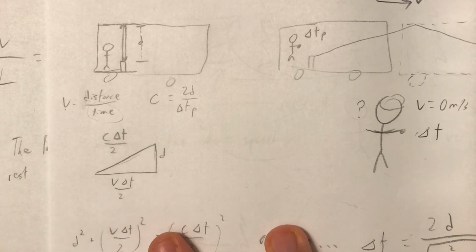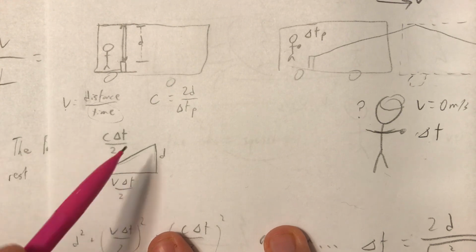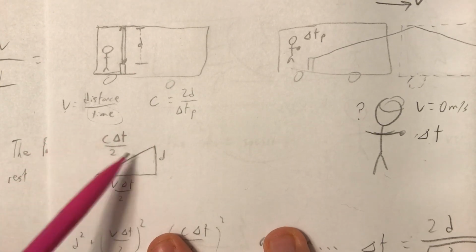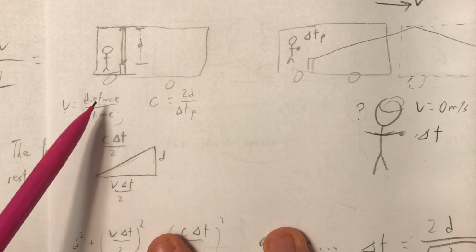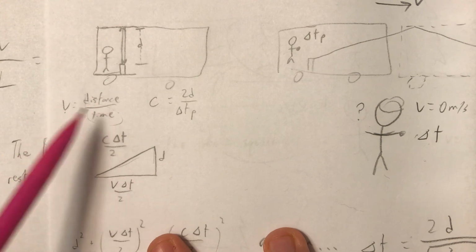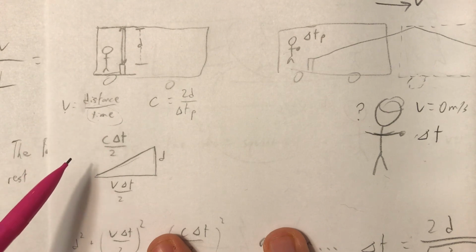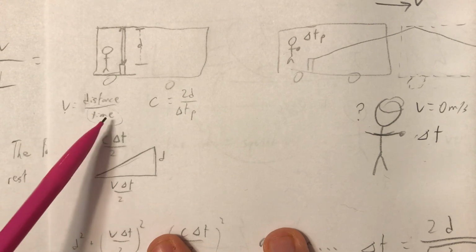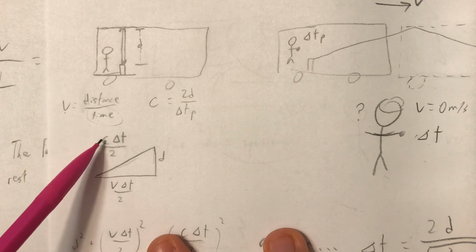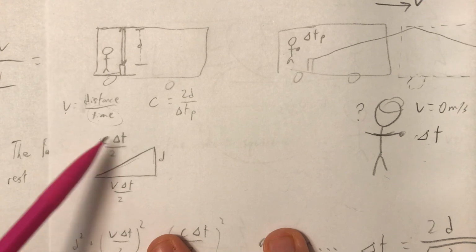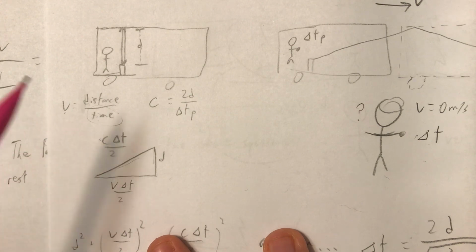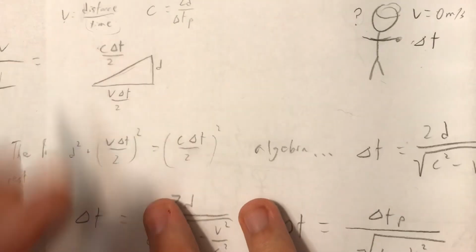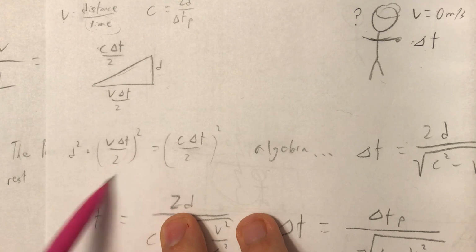I've taken those distances and put them in terms of time, right? Distance is just velocity multiplied by time, so speed multiplied by time gives us distance on this triangle.